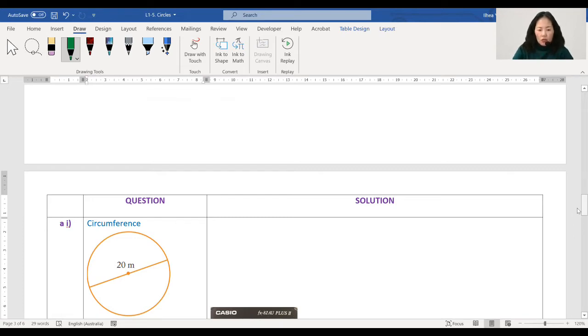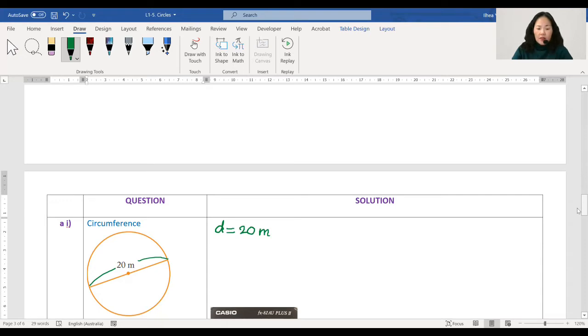Now, make sure you distinguish which one is the measurement that is given to us. 20, it's this part, the whole thing, the longest line that goes through inside the circle is a diameter. So I'm going to just call this a D, is 20 meters.